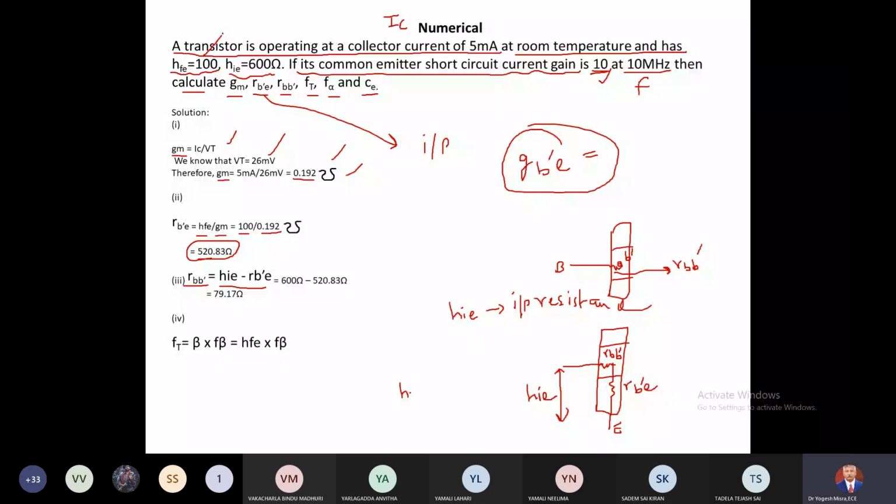From here you get the expression of RBB dash: RBB dash is HIE minus RB dash E. HIE is given as 600 ohm, RB dash E we have already calculated. So from here we get this value, 79.17 ohm.